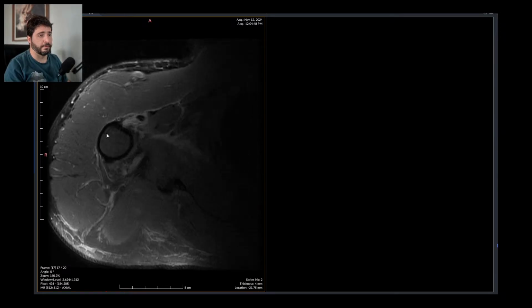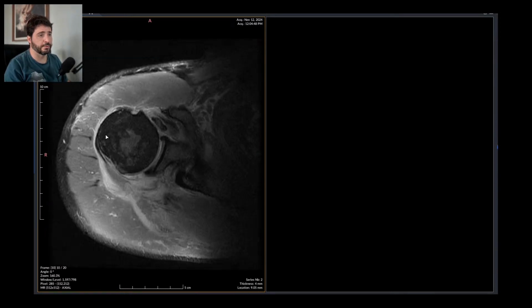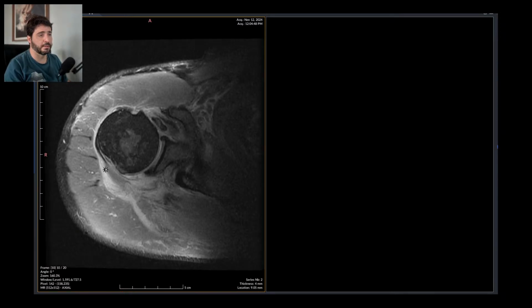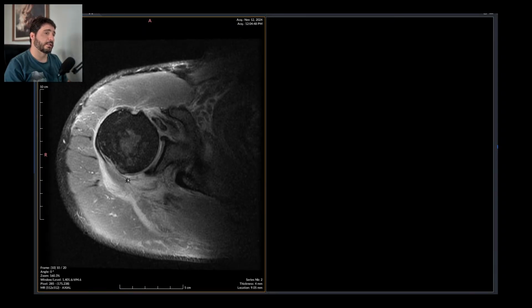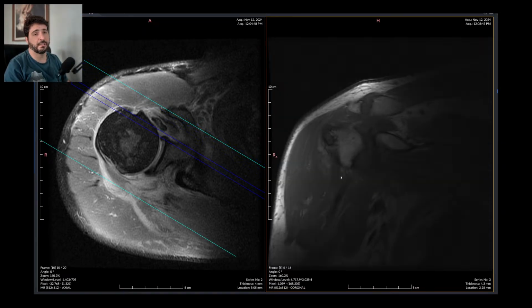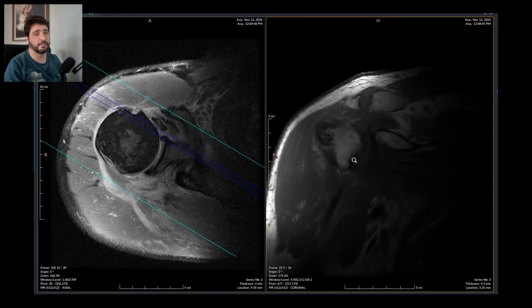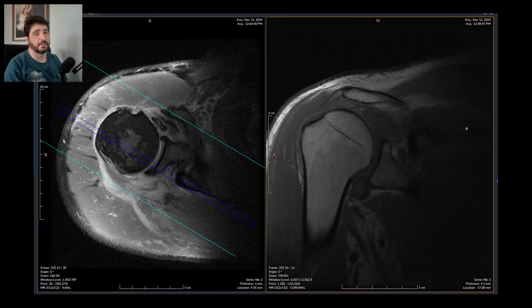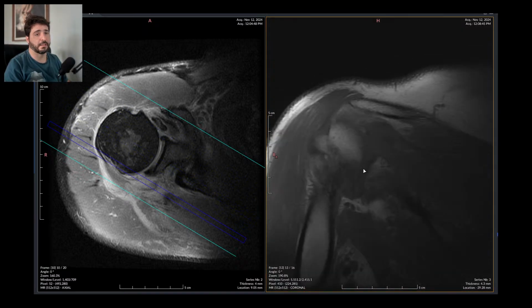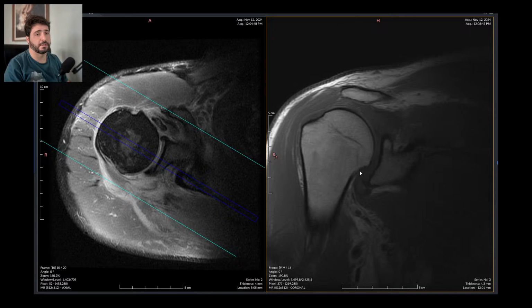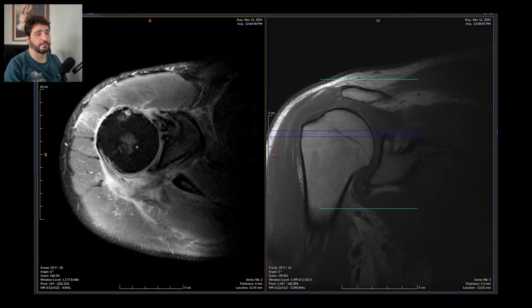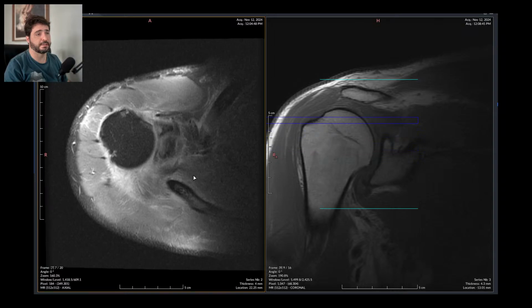struggling with very poorly done scans. This is a horrible scan. It's a really bad scanner with a destroyed coil and very malpositioned patient and a very severe disease.